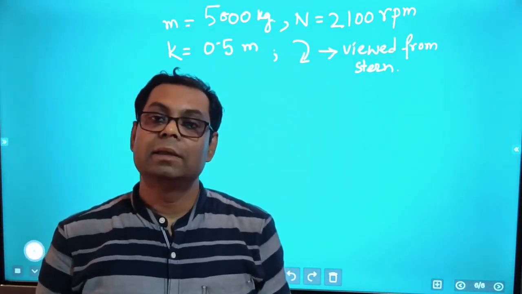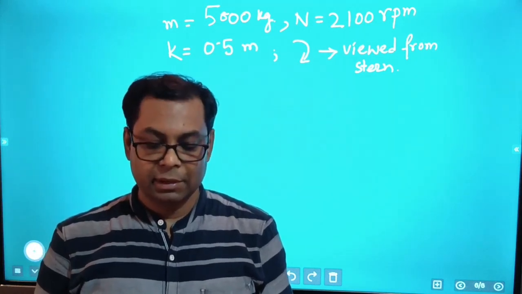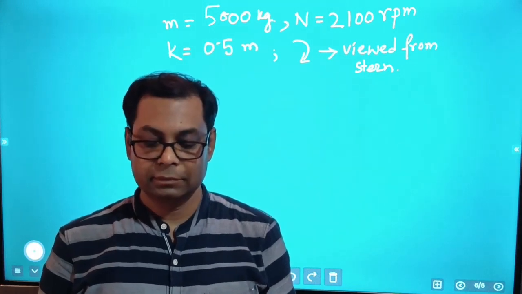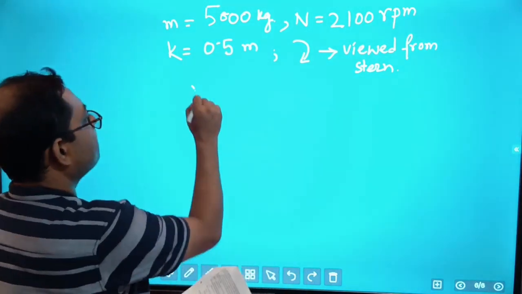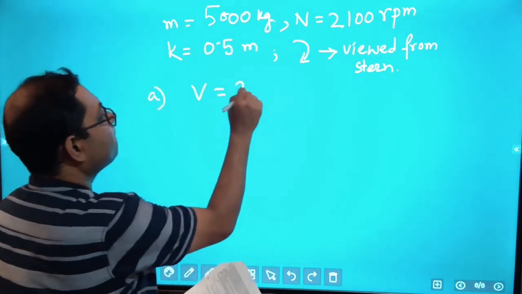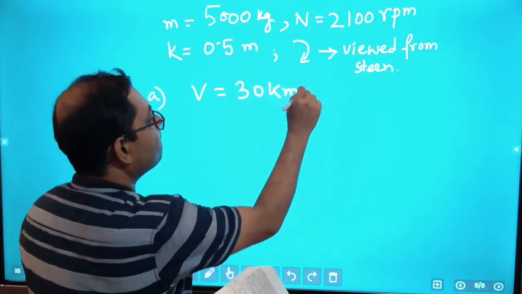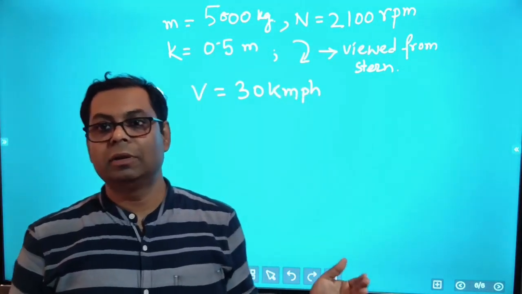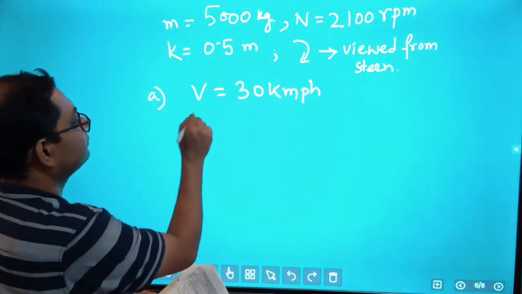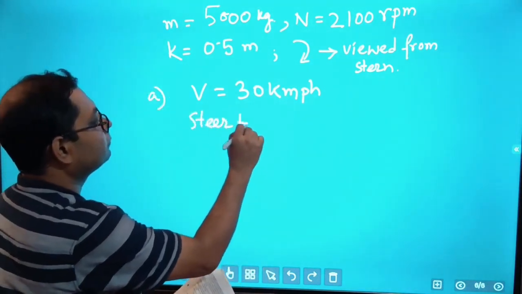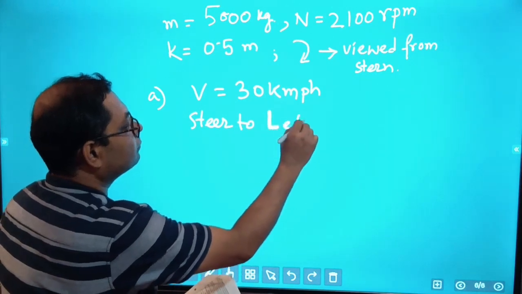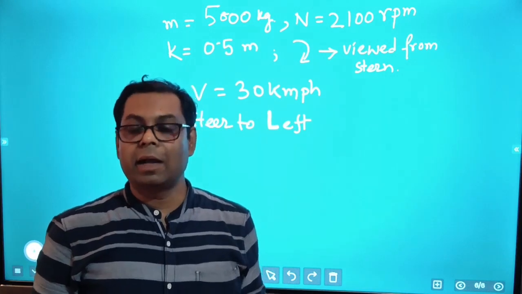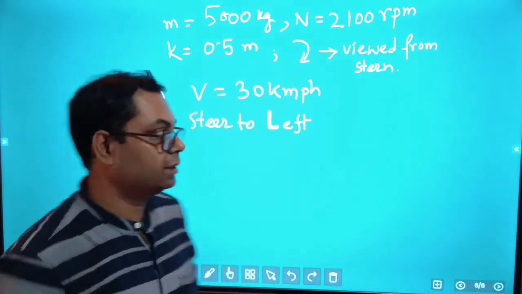So the first part of the numerical problem is part A. When the ship sails at a speed of 30 km per hour, and it steers to the left hand direction, having a curve of 60 meter radius.